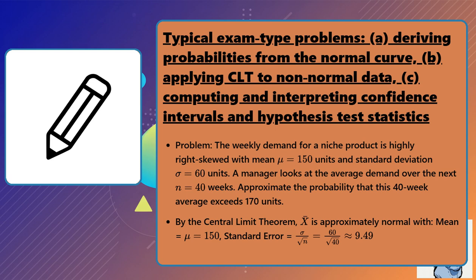By the central limit theorem, x bar is approximately normal with mean equal to 150, and standard error equals sigma divided by the square root of n, which is 60 divided by the square root of 40, approximately 9.49. Compute the z-score for 170. Z equals (170 minus 150) divided by 9.49, which is approximately 2.11.